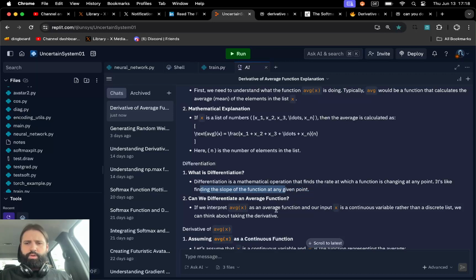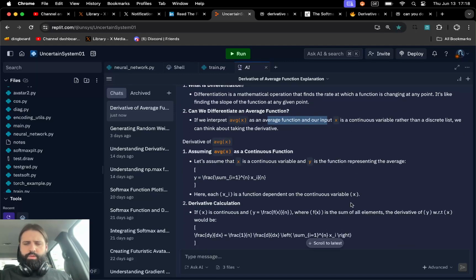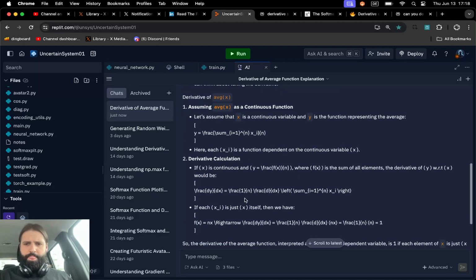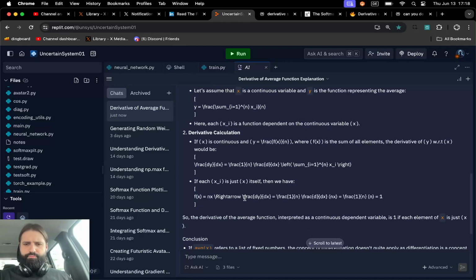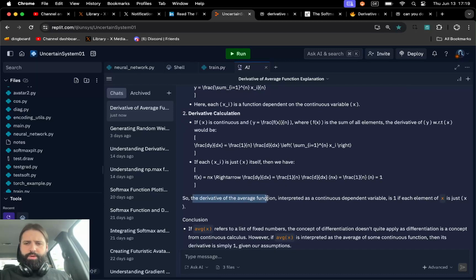Can you differentiate the average function? If the input x is a continuous variable rather than a discrete list, we can think about taking the derivative. The derivative of the average function, interpreted as a continuous independent variable, is 1 if each element of x is just x.